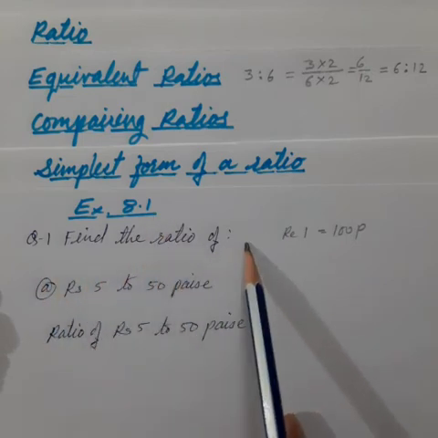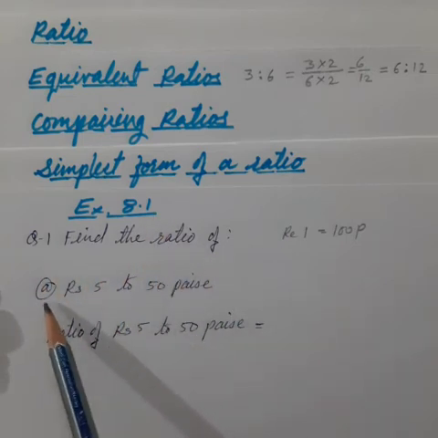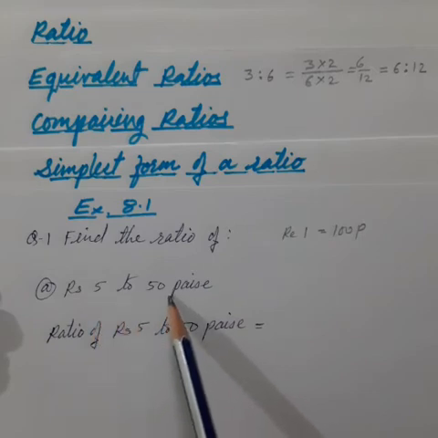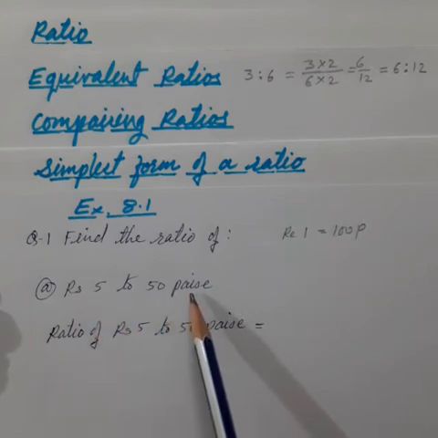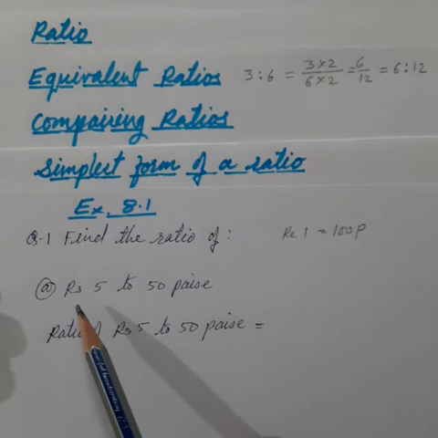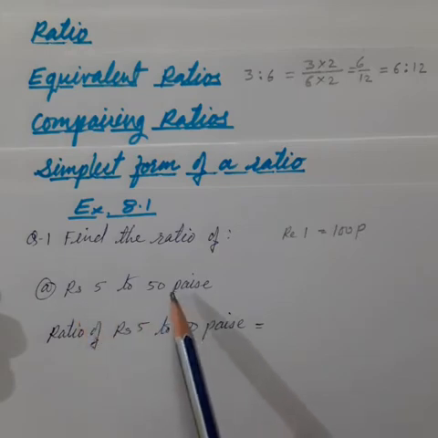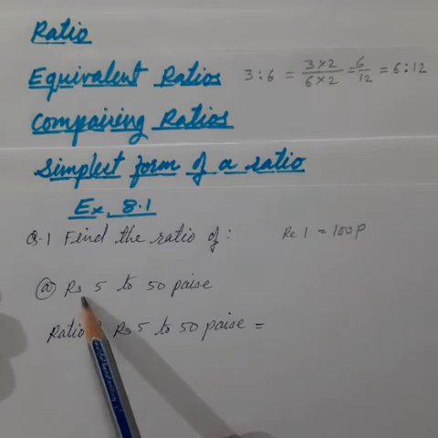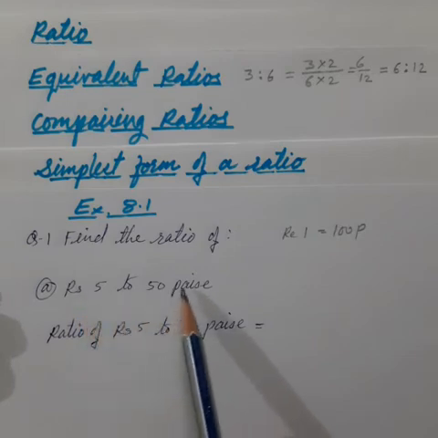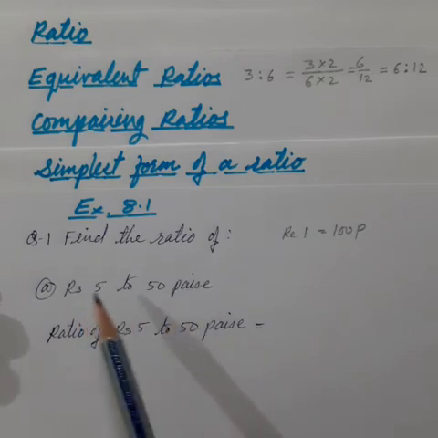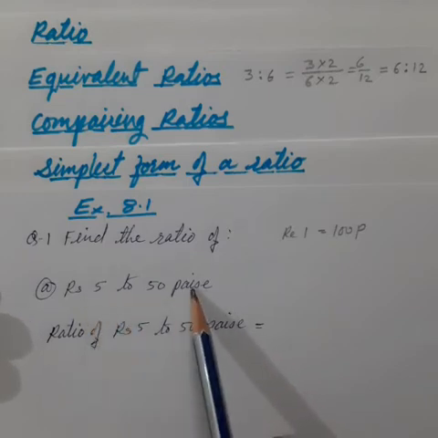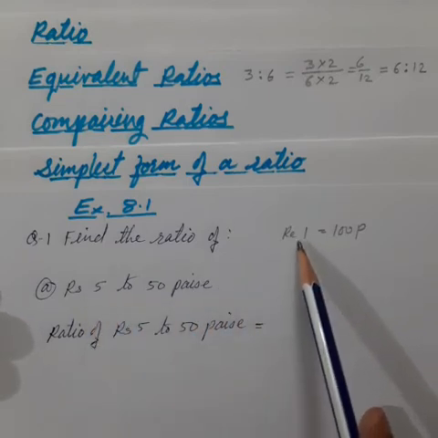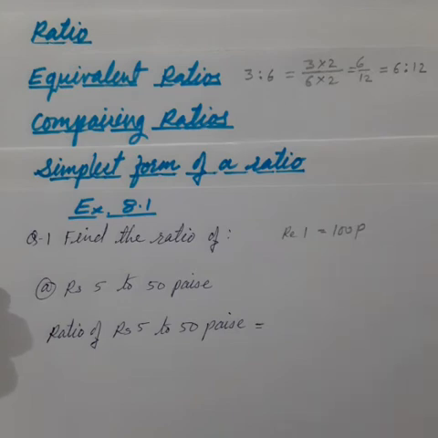Find the ratio of these quantities. A. Rupees 5 to 50 paise. To find the ratio, we want the quantities of same type and in same units. Here, first term is given in rupees and other is given in paise. So we have to convert this rupees into paise. We know that 1 rupee is equal to 100 paise.